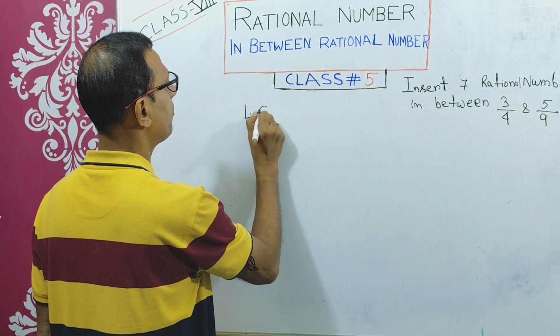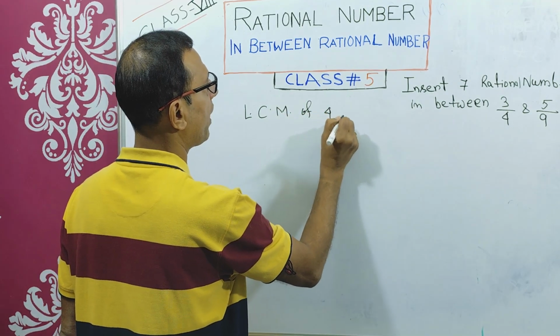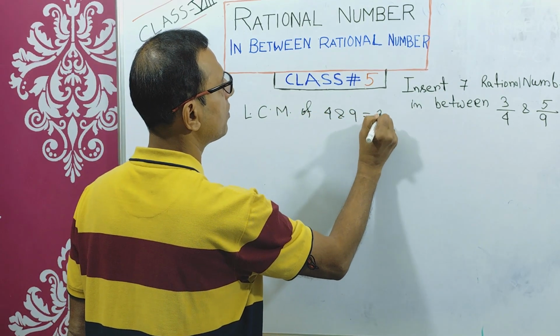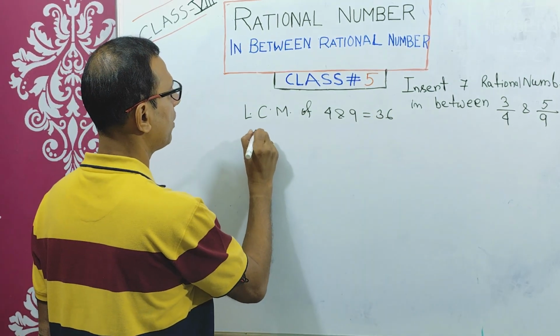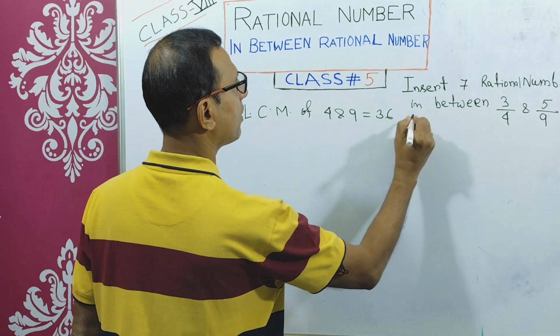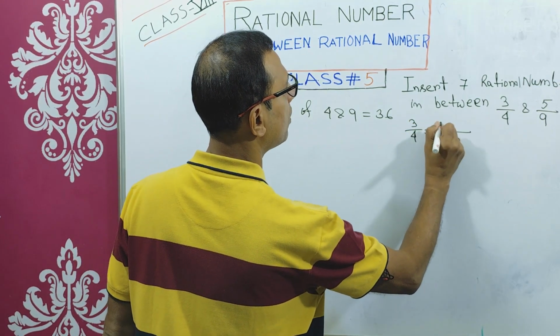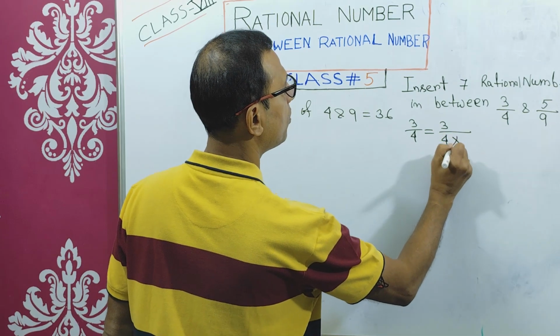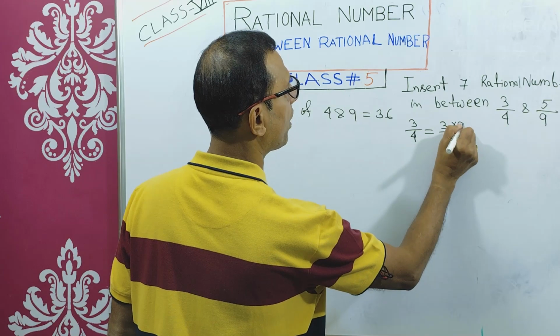So LCM of 4 and 9 equals 36. So now you can say 3 by 4 equals, you need to make 36 as the denominator. 4 into 9, 3 into 9.